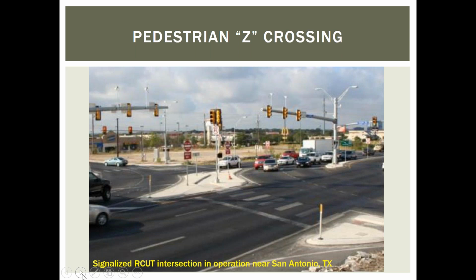And so in the middle, that median channelization does serve as the pedestrian cut-through path. So here's an example. But the pedestrians are crossing one direction of traffic at a time. It is treated as a multi-stage crossing.